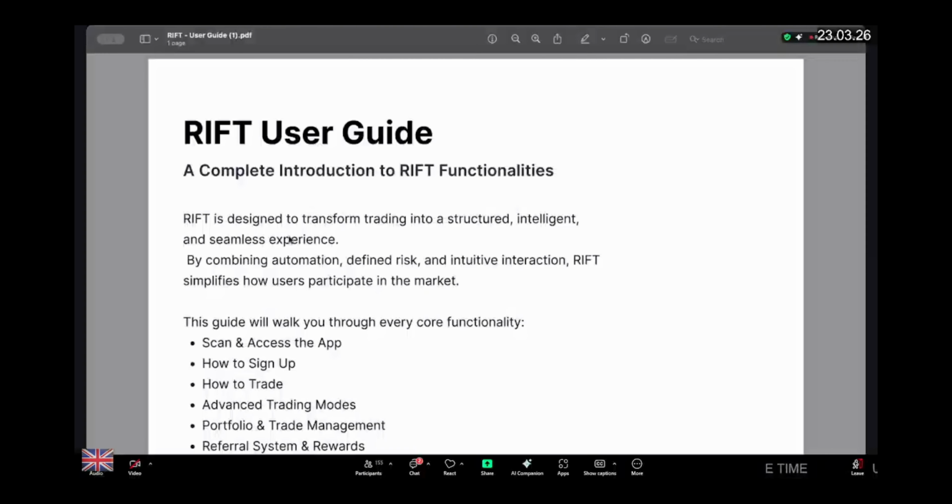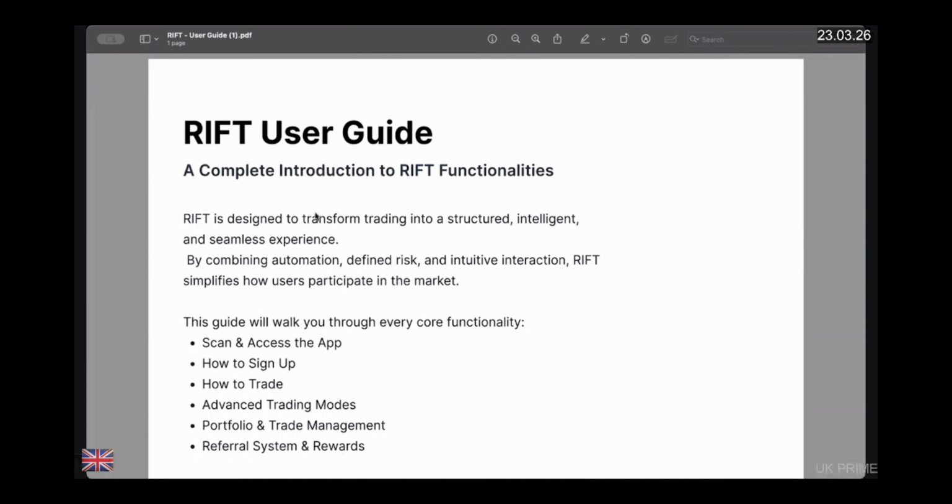So let's do it. Today, we have a new walkthrough designed that completely includes the referral model, how commissions are distributed in the referral model, and how deposits and withdrawals are done inside Rift.